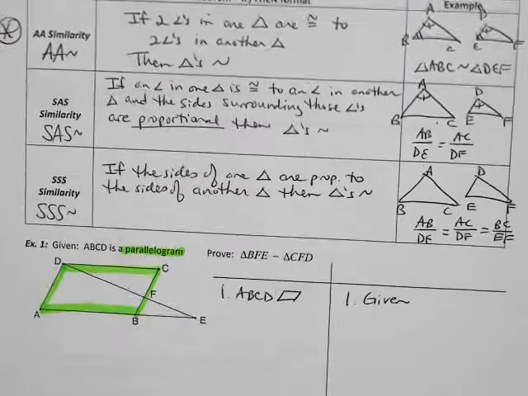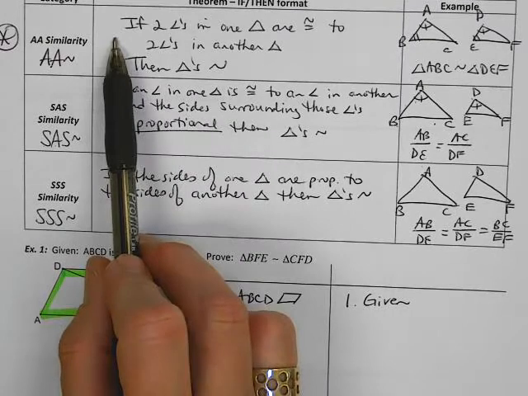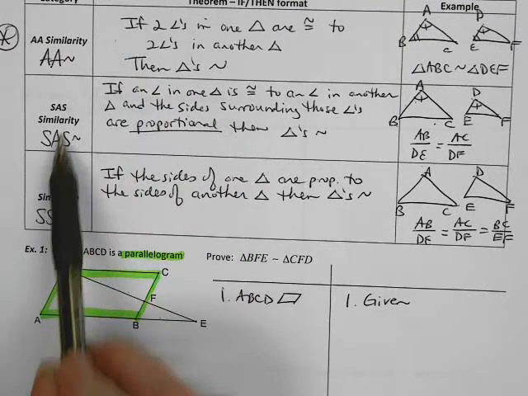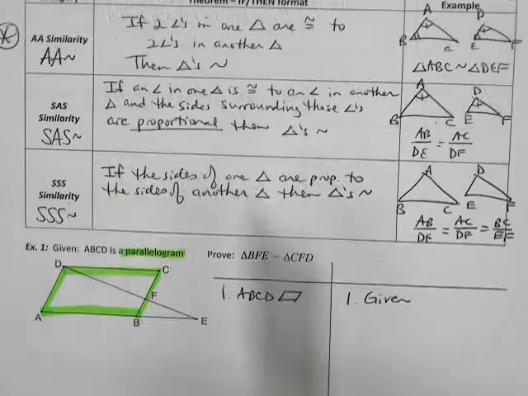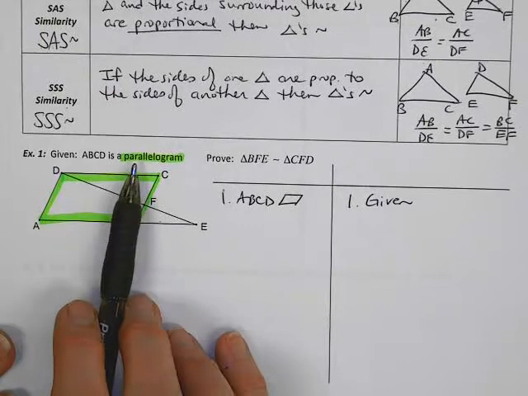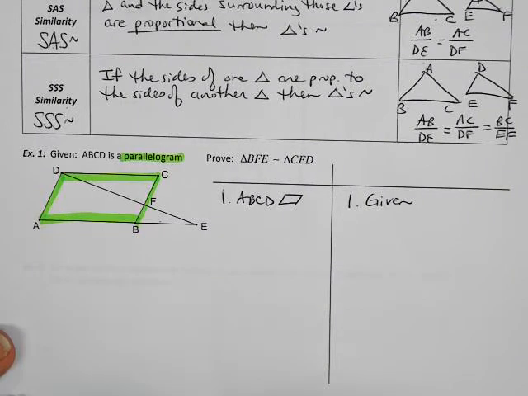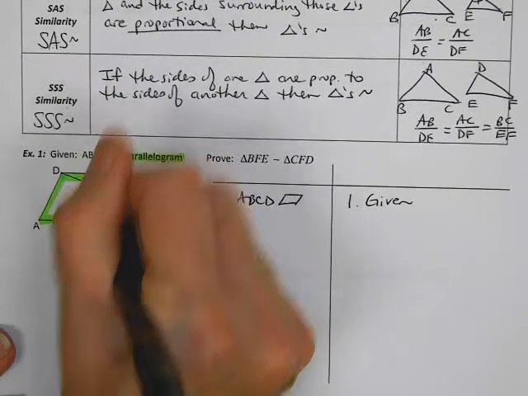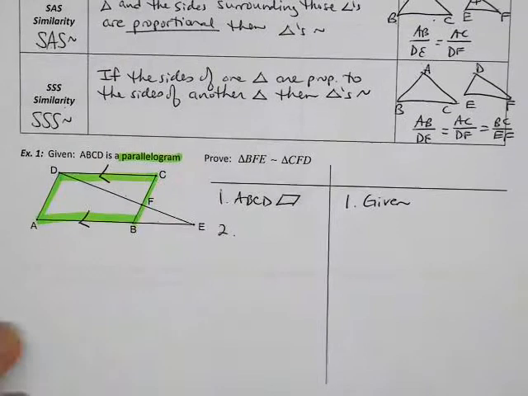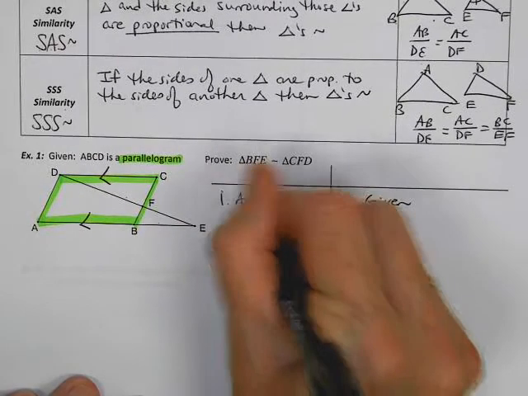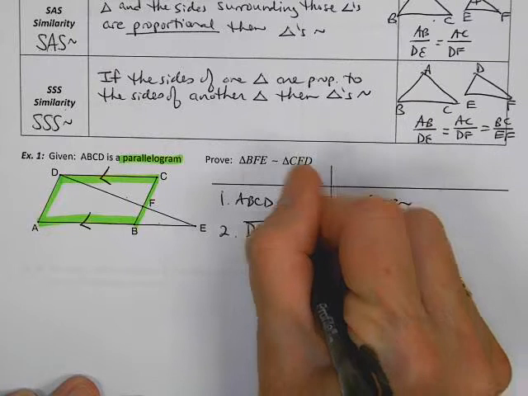Well, again, you always want to lead towards angle-angle unless there's some obvious information about proportional sides. So I'm thinking about angles and I see parallelogram. I know parallel lines give me angles. So I think the first thing I'm going to do is say that these opposite sides here are parallel. DC is parallel to AB.